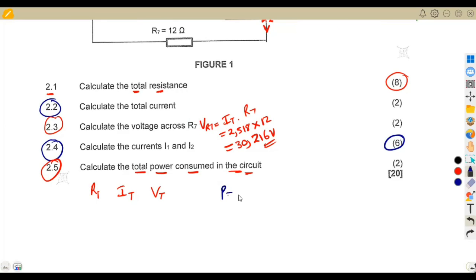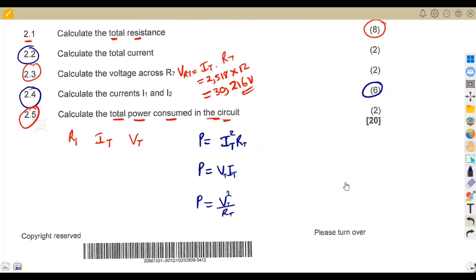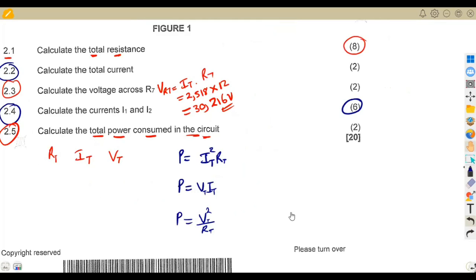Remember that power can be given as I squared R from current and resistance. Power can be given as VI from voltage and current. Power can be given as V squared over R from voltage and resistance. So here I'm just going to pick one, but you can use any of these formulas because you have everything in this case.